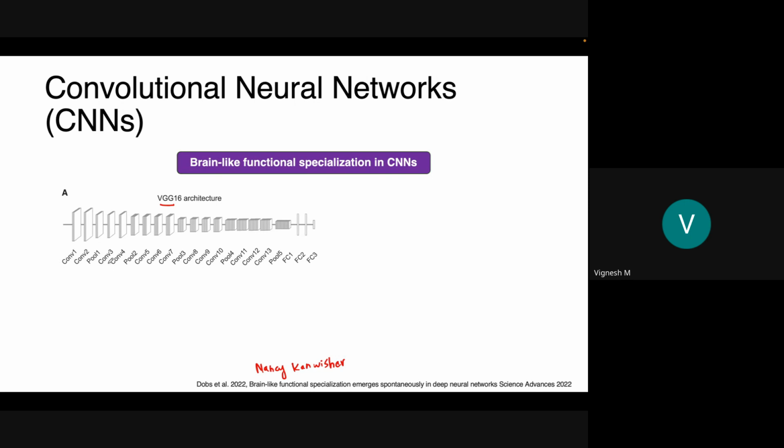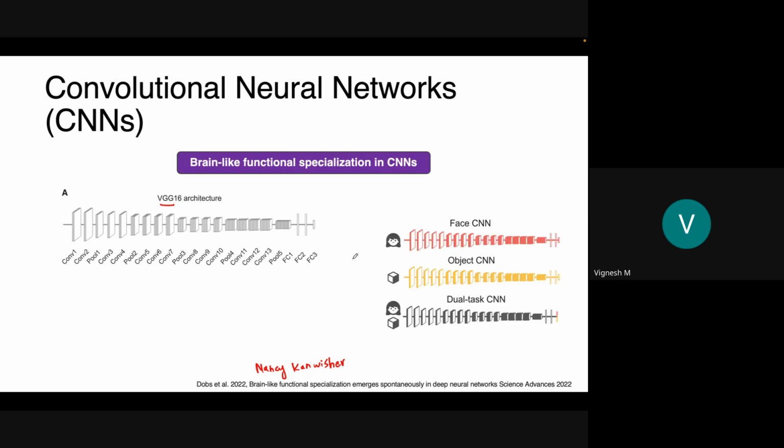It has around 13 convolution layers, and then finally 3 fully connected layers, right? And what they did was they trained the CNN on 3 things. They trained the CNN on faces, they trained the CNN on objects, and they trained the CNN on both.